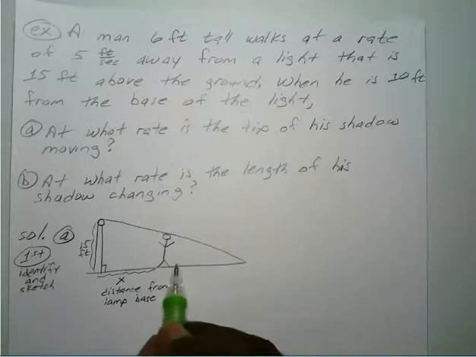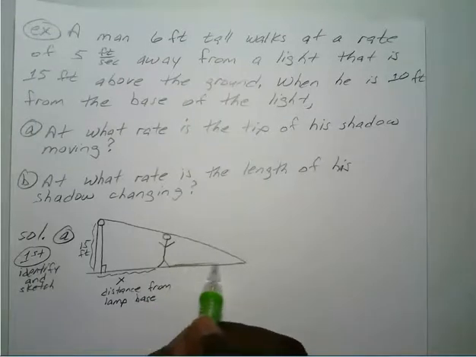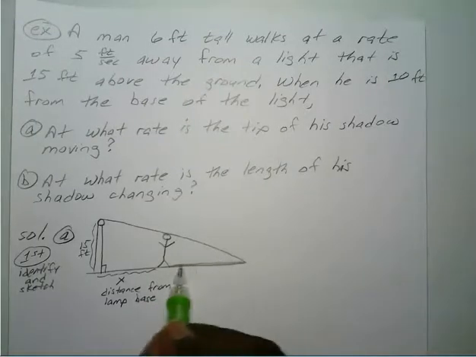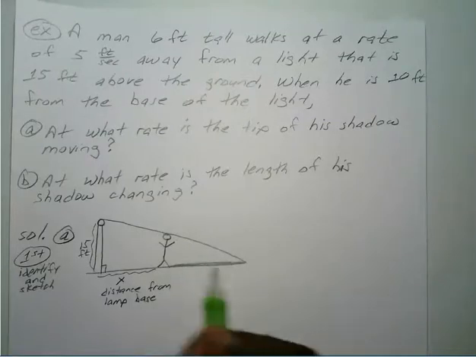Okay, so we know that, let's say right here represents the length of his shadow.